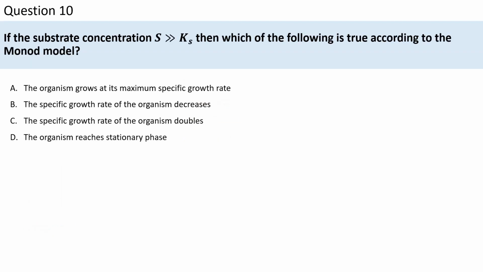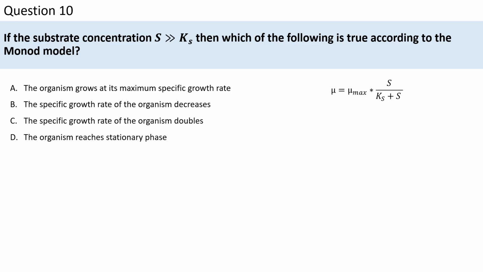Moving on to question 10. If the substrate concentration S is far greater than Ks, which of the following is true according to the Monod model? The organism grows at its maximum specific growth rate; the specific growth rate of the organism decreases; the specific growth rate doubles; the organism reaches stationary phase.